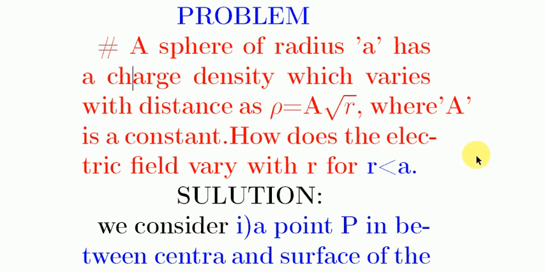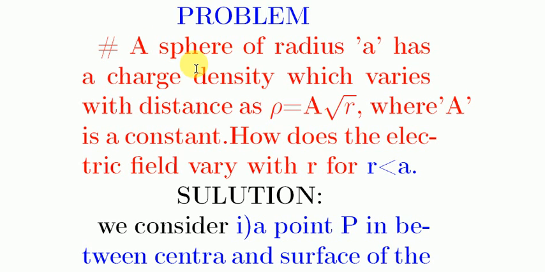So this is the problem, and now we shall try to understand this problem very well, and then we will discuss the solution of this problem. First of all, a question may arise: what type of sphere is it?